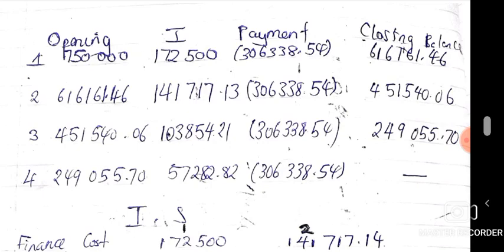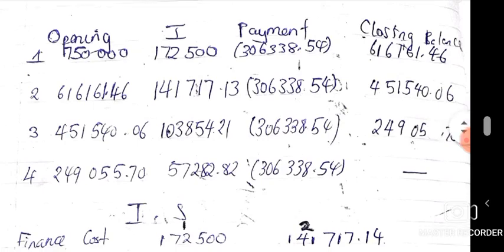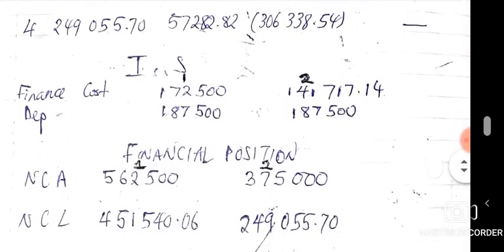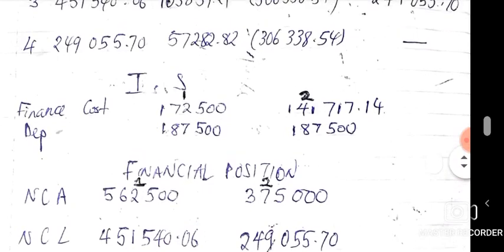Okay? The second year, which actually makes more sense because non-current liability is after 12 months, and that's why we're going for the closing balance there at the end of year two, which becomes our non-current liability as of year one, 451,540. That's the first one you record as I've done there. How about year two? Because we're supposed to demonstrate for 2 years.